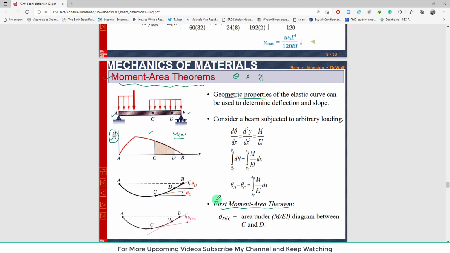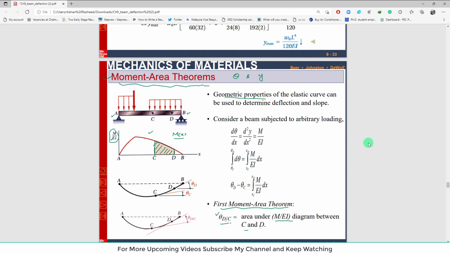The slope theta DC, the slope of point D with respect to point C, is equal to the area under the M over EI diagram between C and D. So the area under this M over EI diagram between point C and D will give you the slope of point D with respect to point C. This is the first moment area theorem.